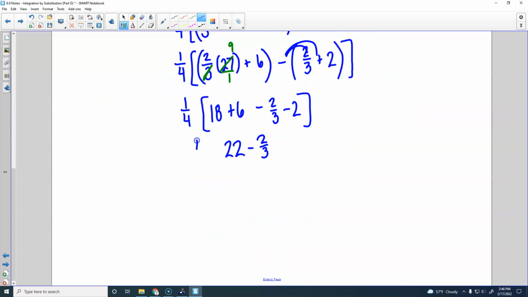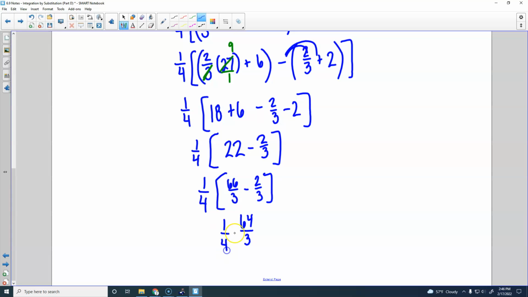Which if I multiply, still got the 1/4. Still got the, did I lose something? Got to subtract this 2 over here on the end. Yeah. And then this is going to be 66 over 3 minus 2 over 3, which is going to give us 64 over 3, which is multiplied by 1/4.